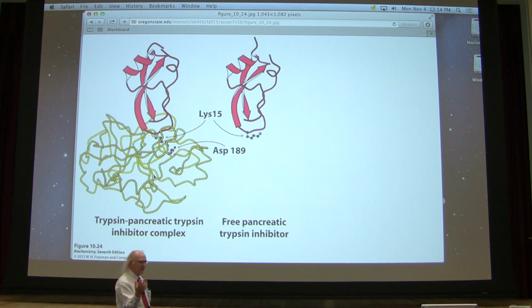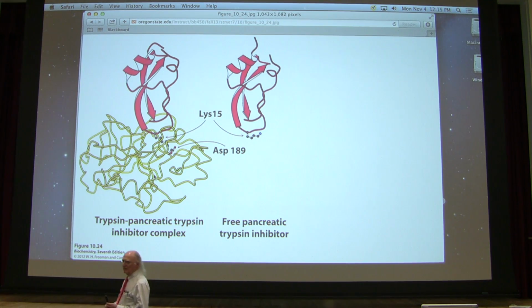Okay? So I'll repeat that. That's kind of a convoluted sort of thing. All right? So people who smoke have what are called reactive oxygen species produced. Those reactive oxygen species will oxidize things. One of the things that they will oxidize is a specific methionine in alpha-1 antitrypsin.